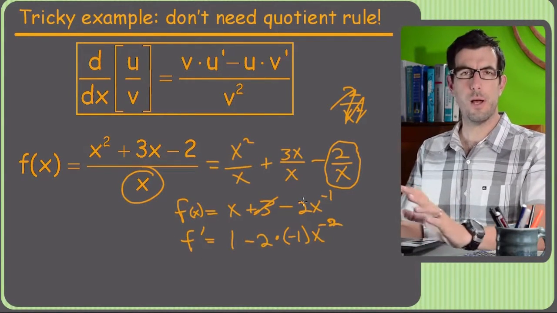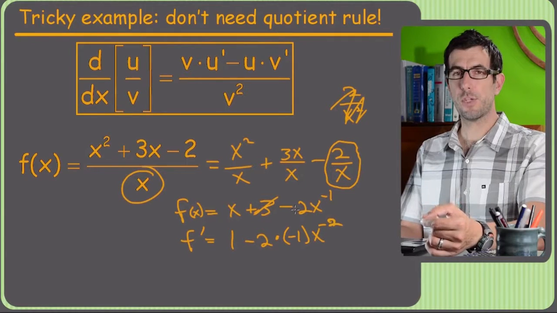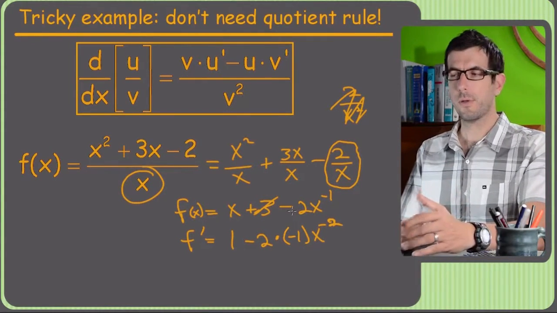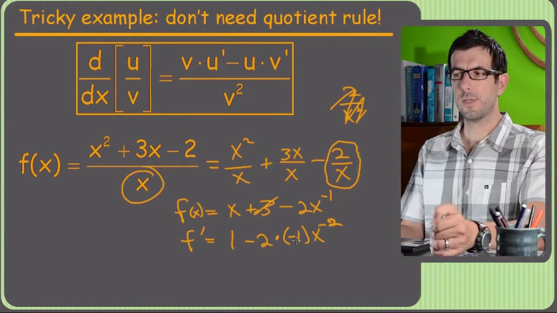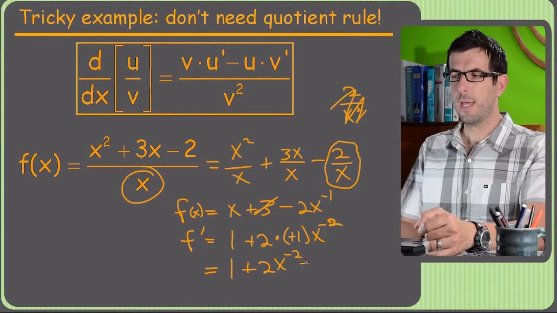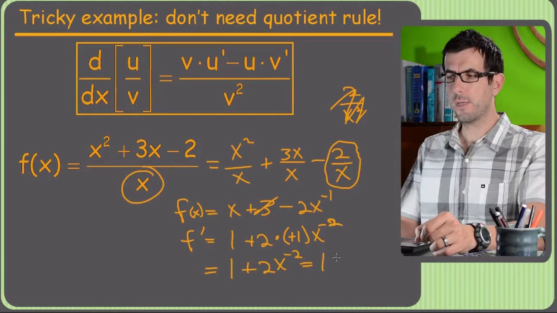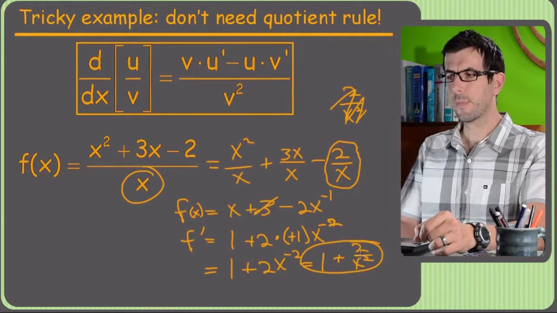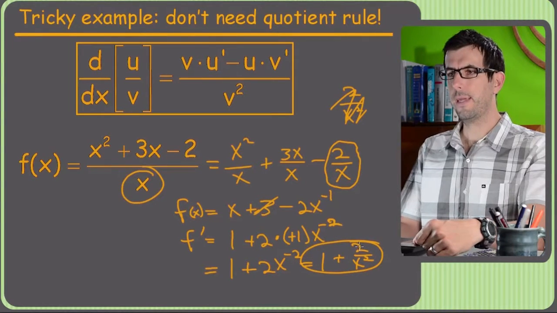If this fazed you at all, go back to the previous chapter and check out the derivative of exponents, or the power rule, which is where I went over this a bunch. We got lots of practice with that. So these multiply together and become positive, so plus 2 x to the minus 2. And if you don't like the negative exponents, or your teacher doesn't, 2 over x squared. All right, that is that.